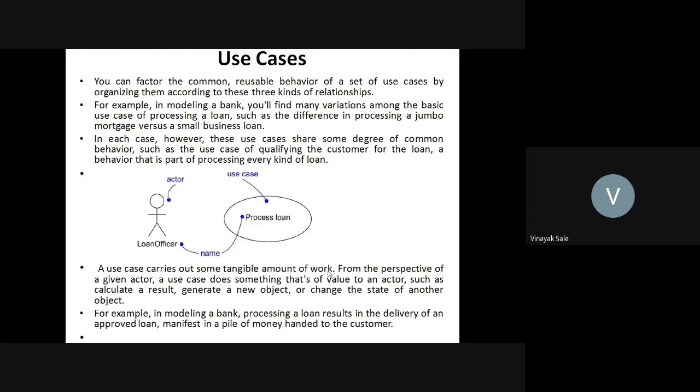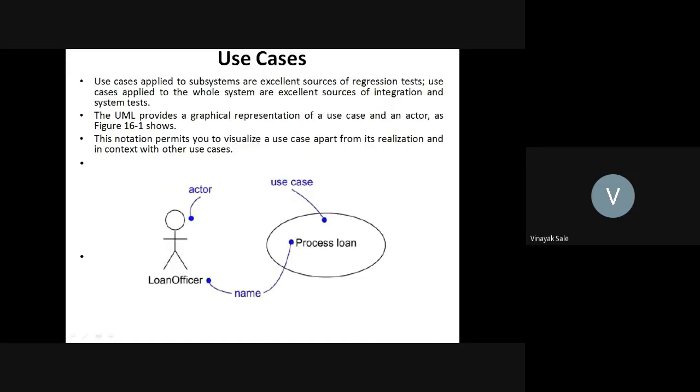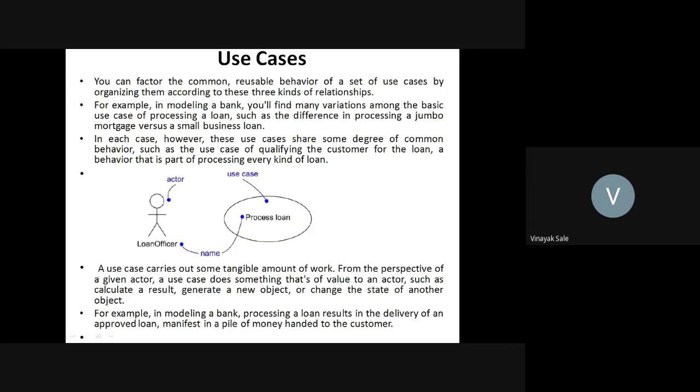A use case carries out some tangible amount of work from the perspective of a given actor. A use case does something of value to actors, such as calculating a result, generating a new object, or changing the state of another object.